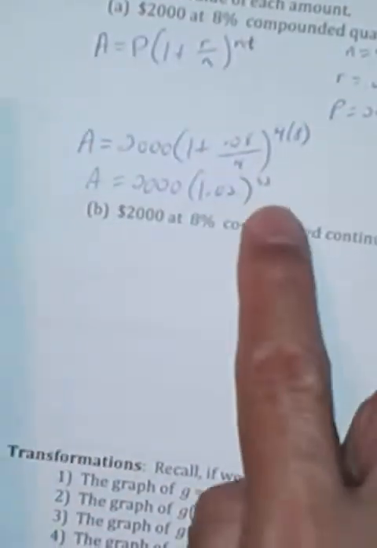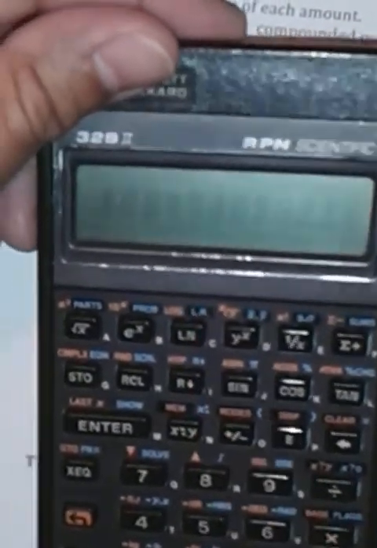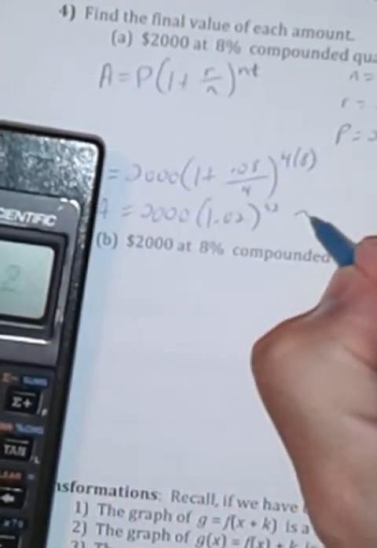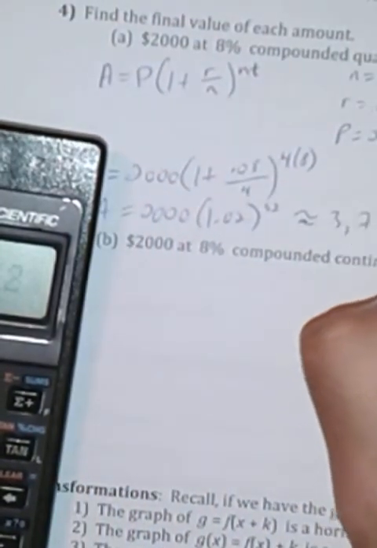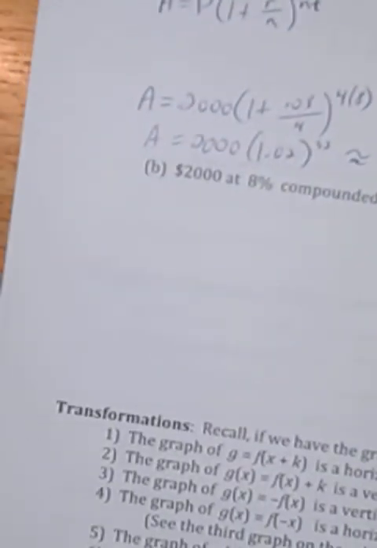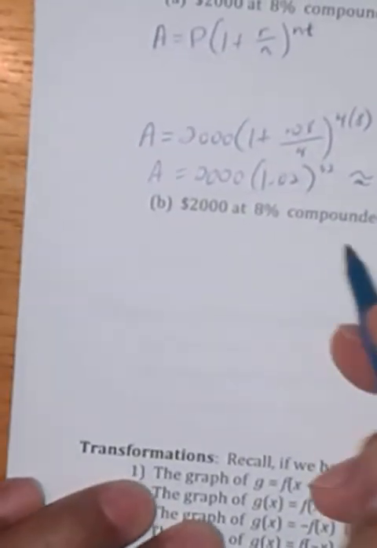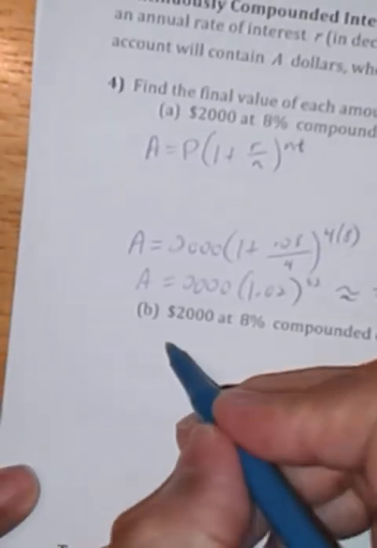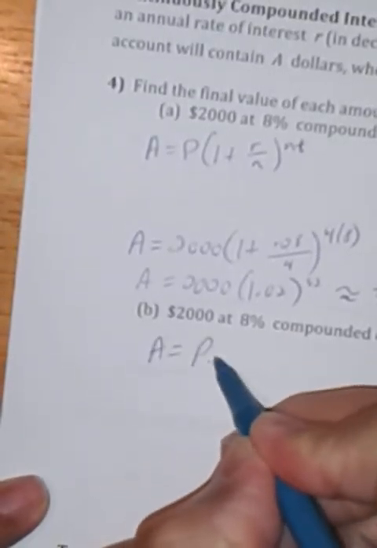So for this one, I should type in the 1.02 to the 32nd power, which is 1.88454, etc. And then times 2,000 is about 3,769.08.